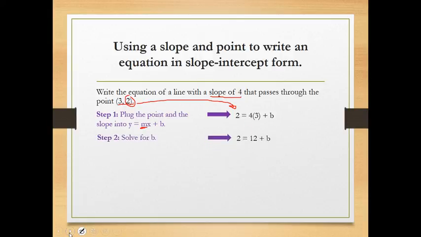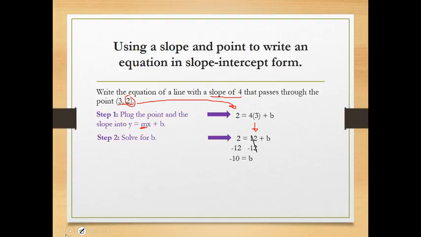So I start off by saying 3 times 4 is 12. All right, replacing that with 12. And now I need to isolate b, and it's being added to a positive 12. So to undo that, to do the opposite of adding 12, we have to subtract 12 from both sides. And we get that our y-intercept, our b, is -10, because 2 minus 12 is -10.